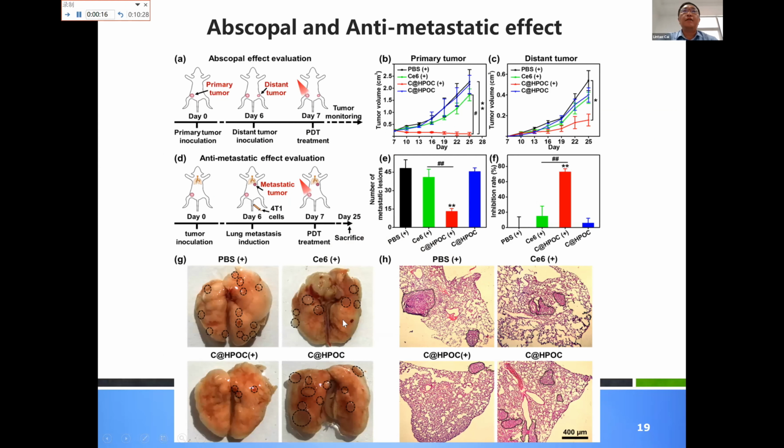And for the metastatic cancers, we can see they disappear after our treatment. So that means using this method, we not only use PTT to kill the cancer, but also use this activated immunity to finally get tumor ablation.